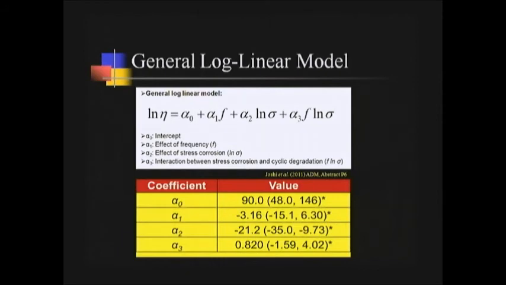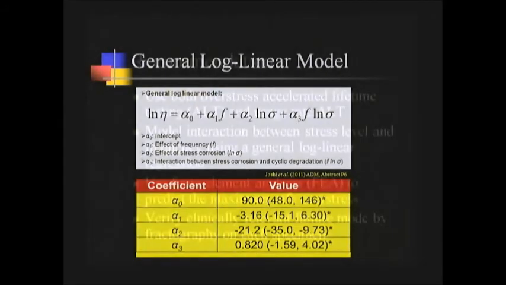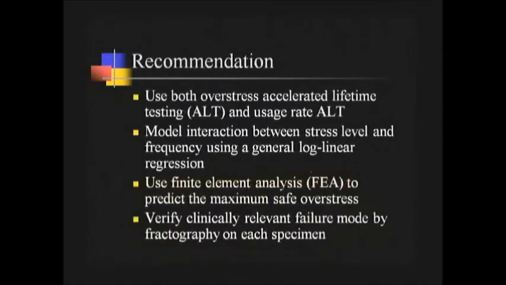Okay, so just to summarize, my recommendation for designing accelerated lifetime tests would be to use both the overstress accelerated lifetime testing and the usage rate accelerated lifetime testing. Use those in conjunction, but use the general log linear model to model their interaction and correct for that interaction.